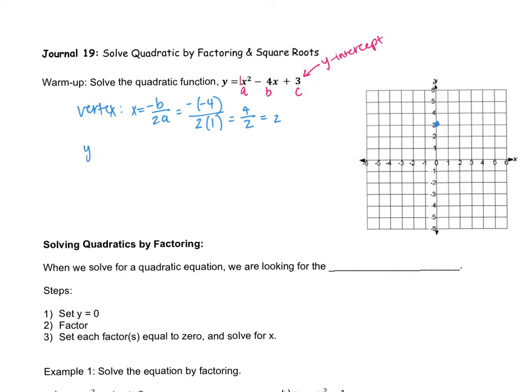So down below, I'm going to say y is equal to x squared, so 2 squared minus 4 times 2 plus 3. So working this part out, all I've done right now is plug my 2 in for x. And I'm going to find what y is, because then that gives us a coordinate. And I need that coordinate in order to plot that coordinate on the graph, because that's my vertex.